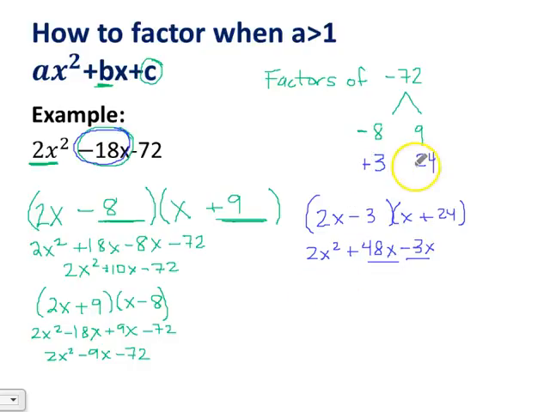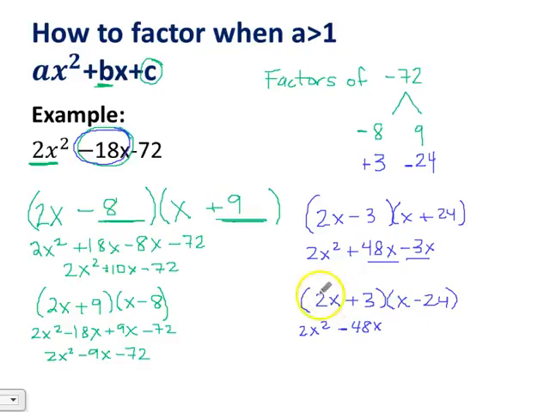Now I'm going to flip it around and give that negative sign to the 24 and keep that 3 positive. So I'm just going to flip the sign. So now it's going to be positive 3 and negative 24. And let's see if that works. So 2x squared. 2x times negative 24 is negative 48x.